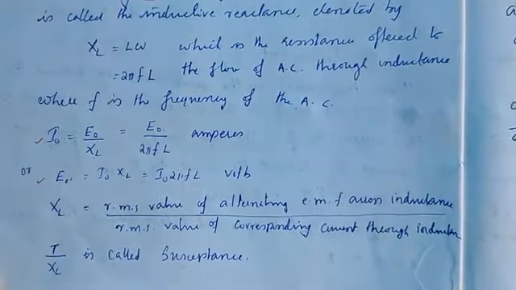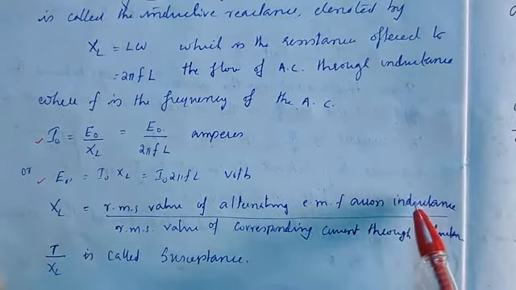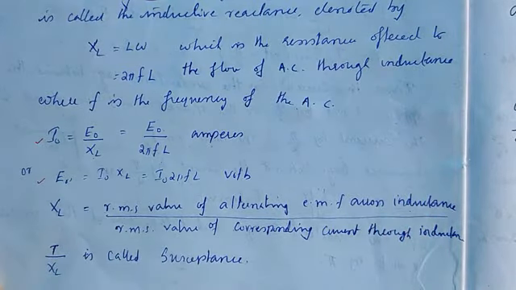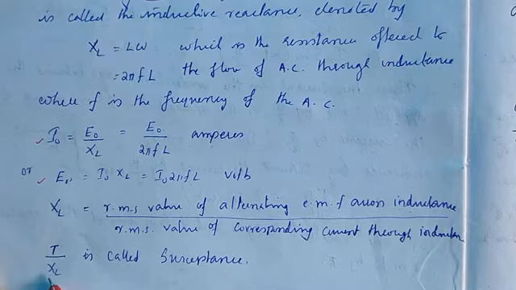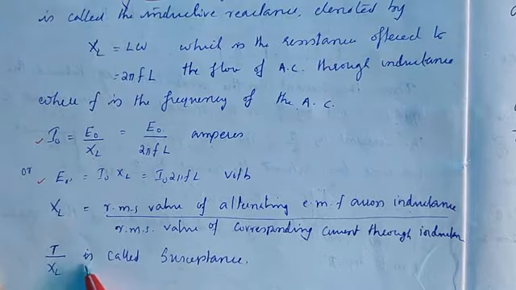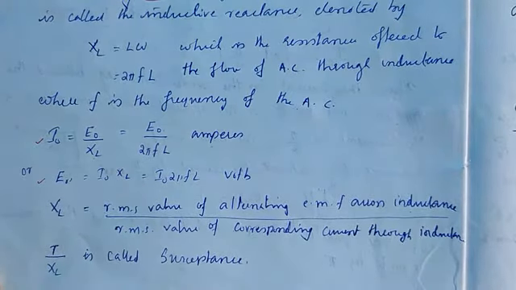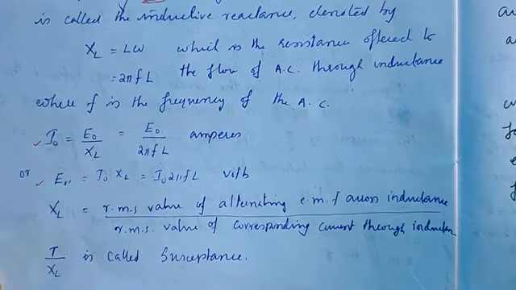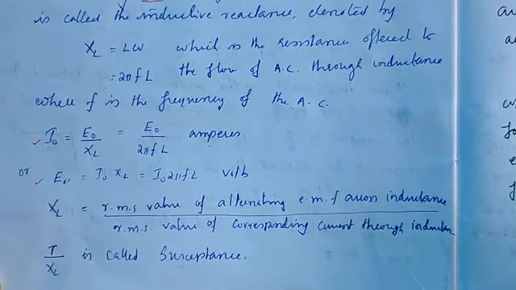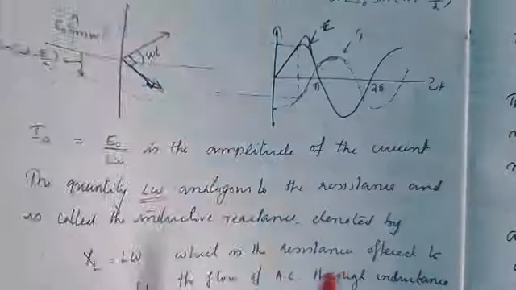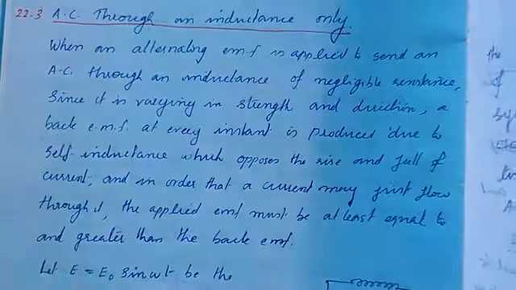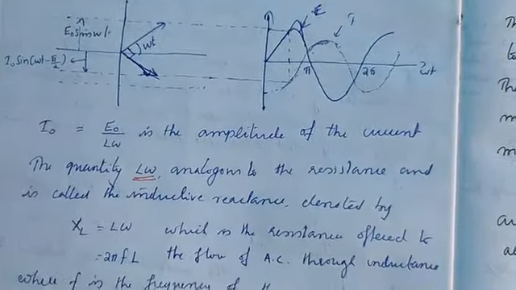XL can also be represented as the RMS value of alternating EMF across the inductance by the RMS value of the corresponding current through the circuit. The quantity 1 by XL is called susceptance of the circuit.